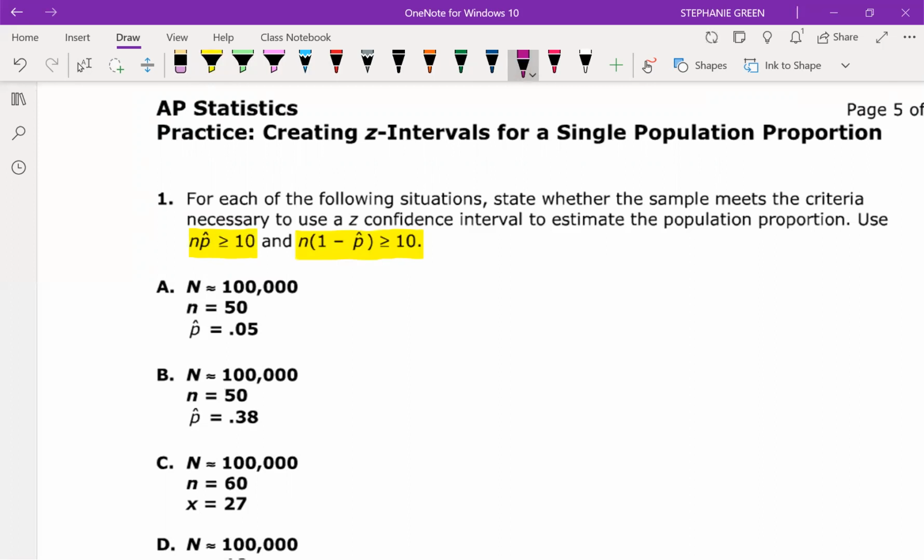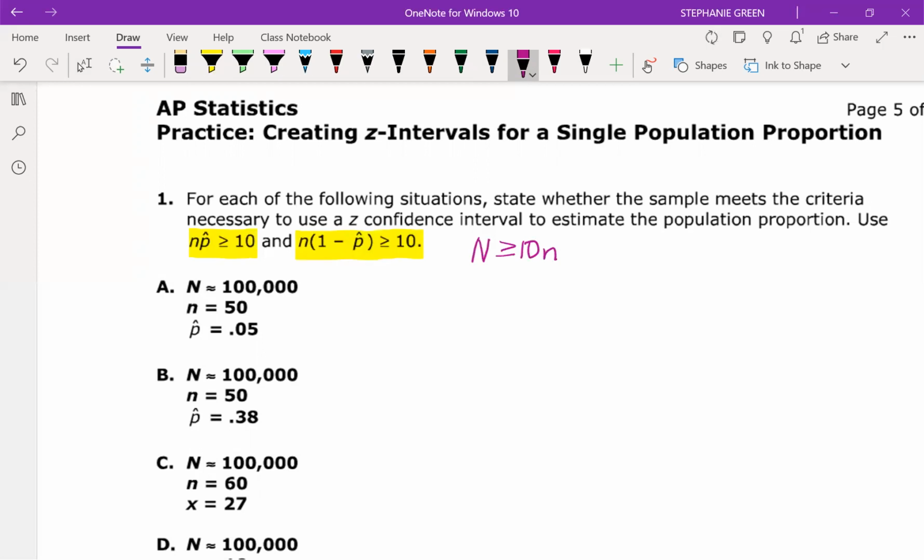That's the criteria to be able to use normal approximation in any binomial setting. The other thing that we need, which they don't list, is that in order for a probability distribution to be considered binomial in the first place, the population size has to be at least 10 times greater than the sample size. We talked about this a bit in the last video.